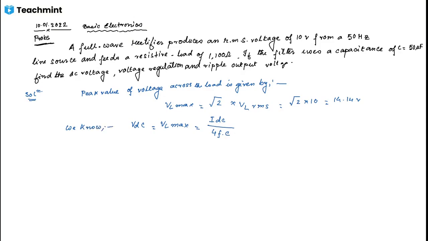So hence we can write IDC equals 14.14 divided by 1100 plus 1 by 4 into 50 into 50 into 10 to the power minus 6.